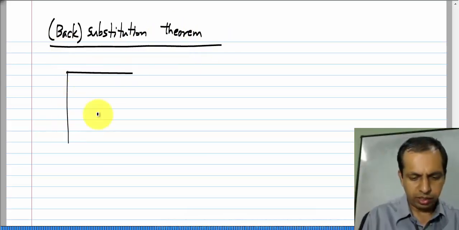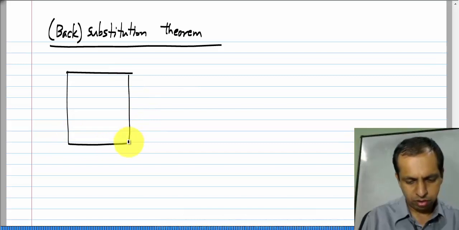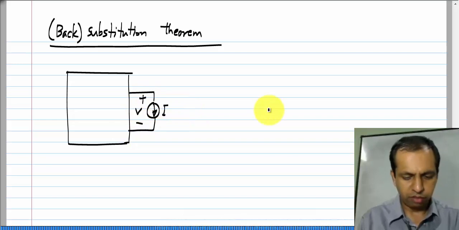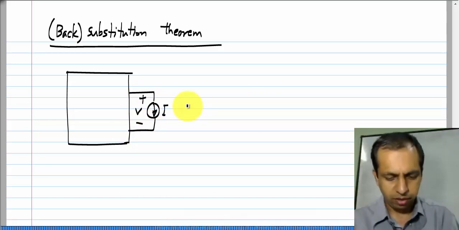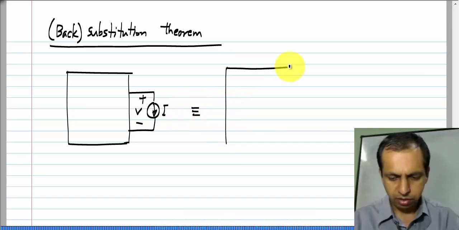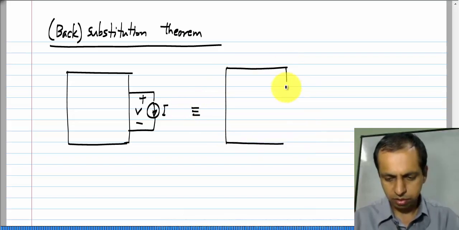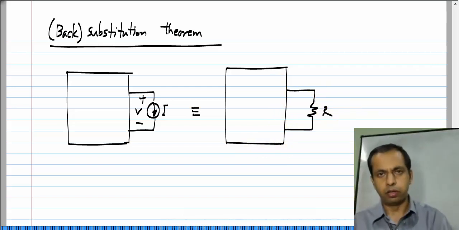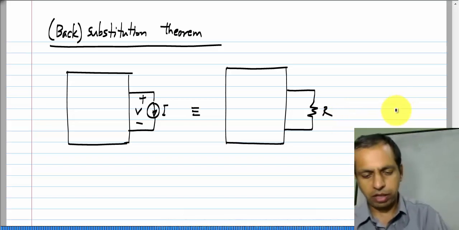And let us say I have a current source I with a certain V across it. Then what I am saying is that this can be replaced by a resistor. Okay. Now, what should be the value of the resistor?